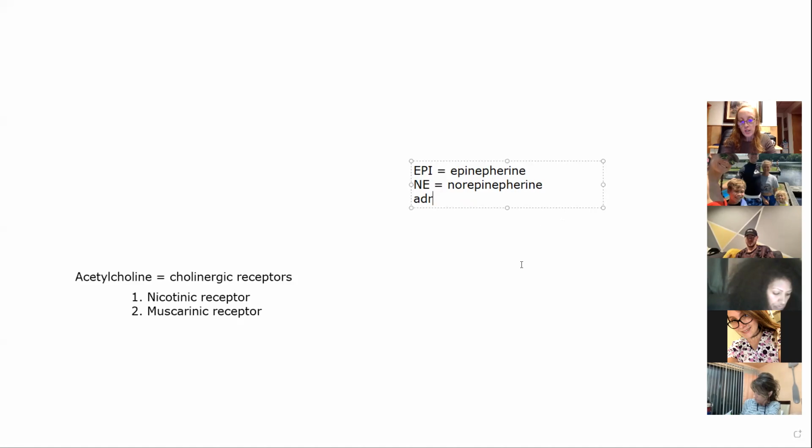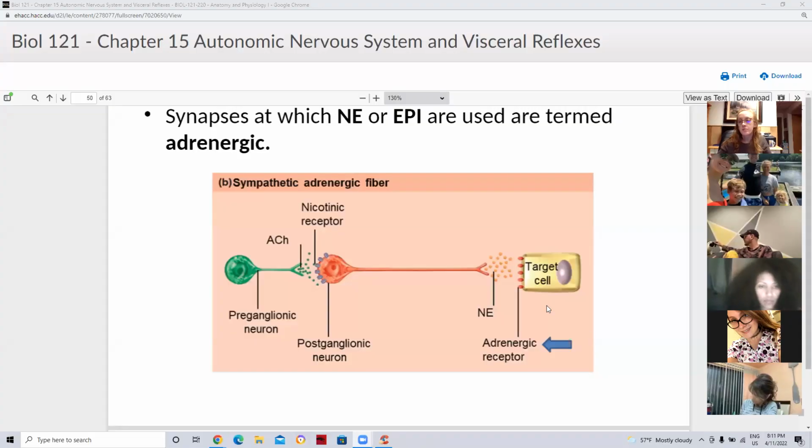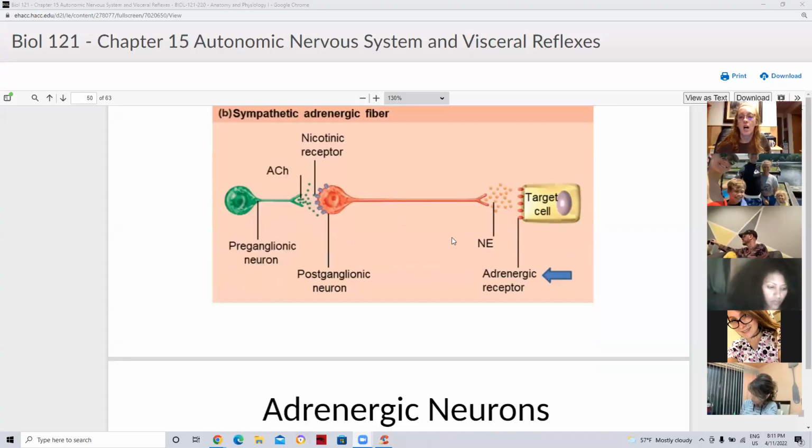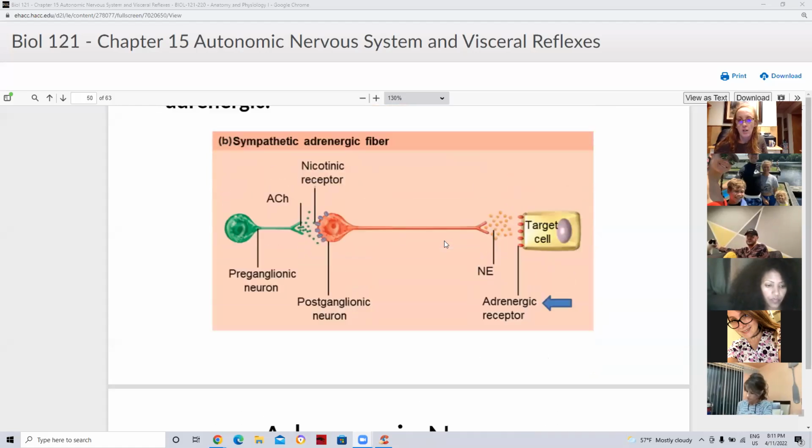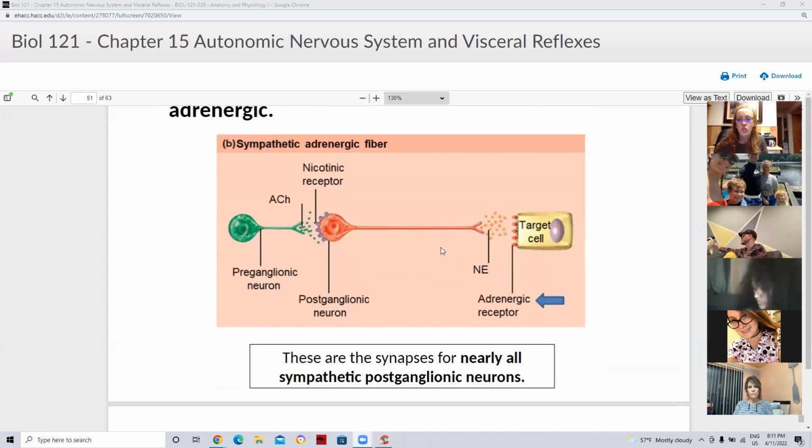So these are secreted at adrenergic synapses. These are the synapses for nearly all sympathetic postganglionic neurons.